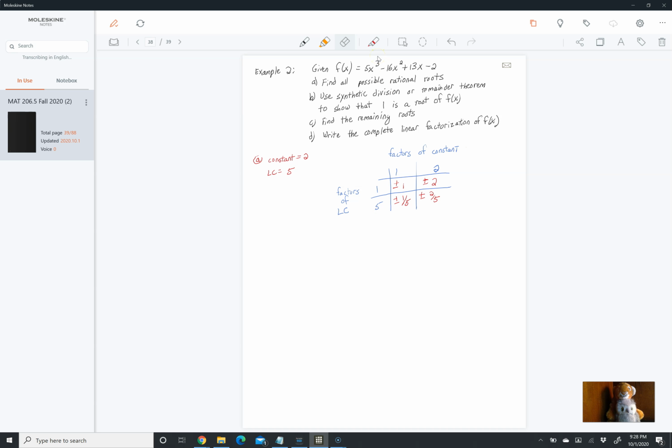Part B. So we're going to do this both ways. Okay, we're going to use the remainder theorem, and we're also going to use synthetic division to do this.